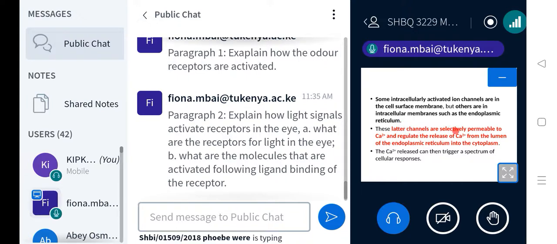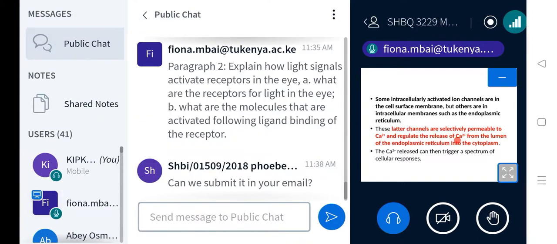So these latter channels are selectively permeable to calcium, and they will regulate the release of calcium from the lumen of the endoplasmic reticulum into the cytoplasm. The calcium which is released can then trigger a spectrum of cellular responses. Why? Because this calcium which has been released this way is a messenger molecule in its own right.